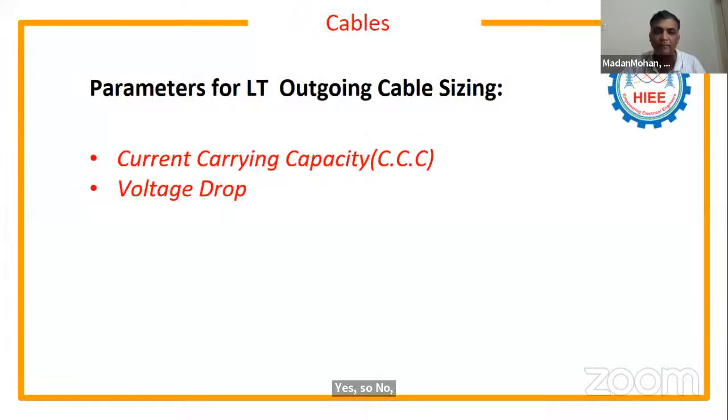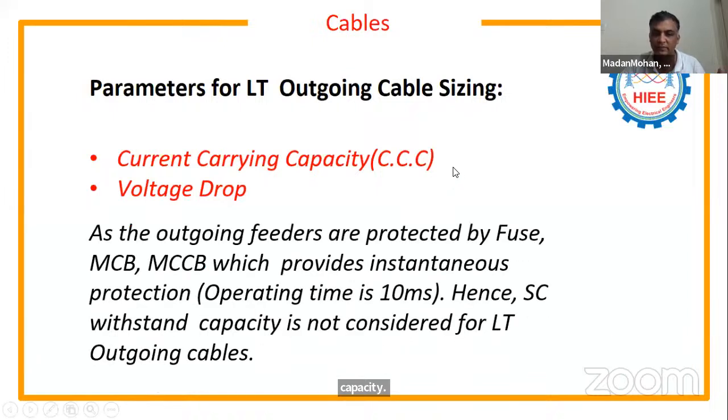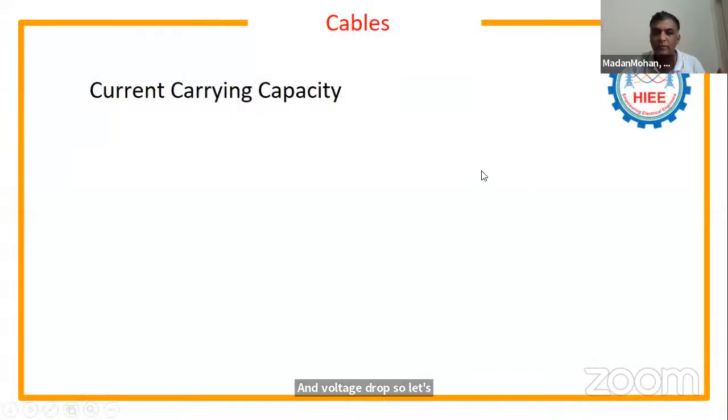Now I'll take you through the step by step procedure. For LT cable sizing, it depends on two parameters: one is current carrying capacity and the other is voltage drop. Let's first understand how to decide the conductor size based on the current carrying capacity.